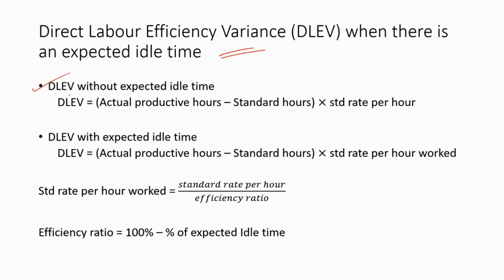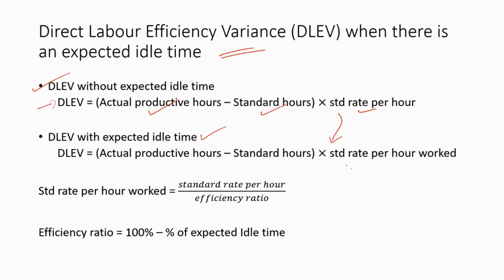Without expected idle time, this is the equation we use, which is equal to actual productive hours minus the standard hours multiplied by the standard rate per hour. When it comes to expected idle time, there is only one difference in this equation, which is that the standard rate per hour will be changed into the standard rate per hour worked.